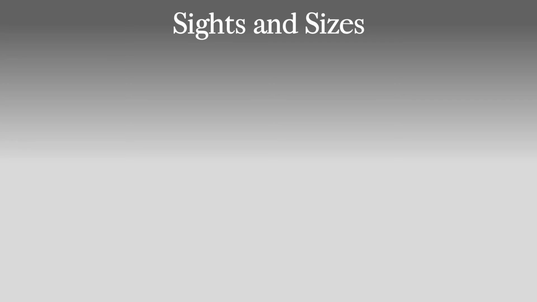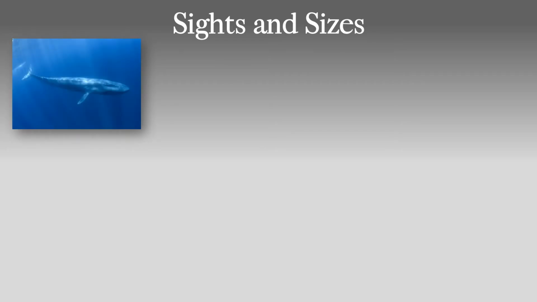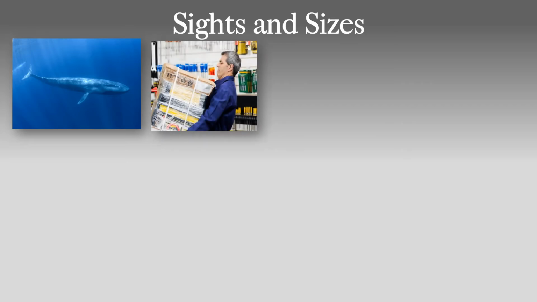So sights and sizes, things we can see, and how big or small things are. This is a blue whale. What words can you think about this animal? What do you think of when you see this animal? Okay, does that word for the blue whale still match picture number 2? If you said big, does big go with picture number 2?